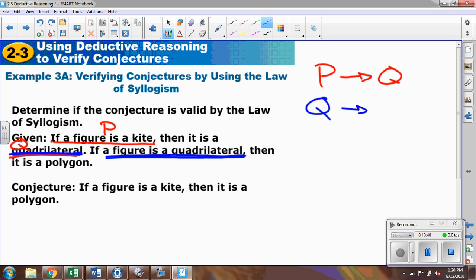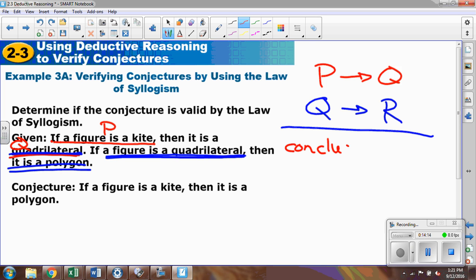Continuing further, then it is a polygon. Have we had a statement about polygons? No, so I'm going to call that R. Does this fit the law of syllogism structure? Yes, it does. Because of the structure that exists here, we now get the conclusion P implies R will be true.